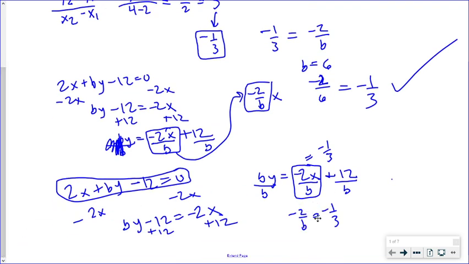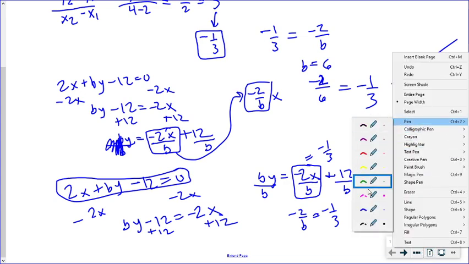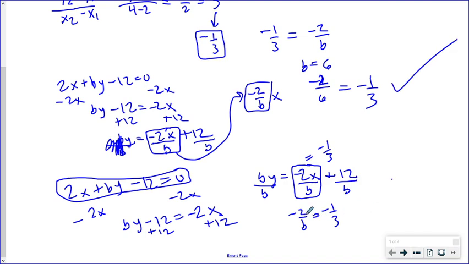If I have negative 2 over b here, negative 1/3 here, something that you should remember, I'm sure most of you do, is cross multiplying at the very least. Let's do that. So, cross multiply, and you'll get negative b equals negative 6, which means b equals 6. There you go.